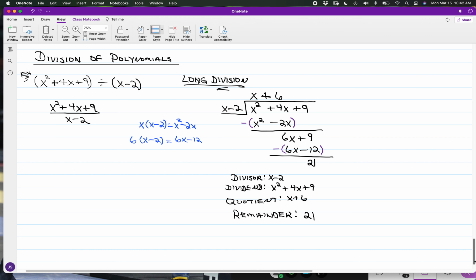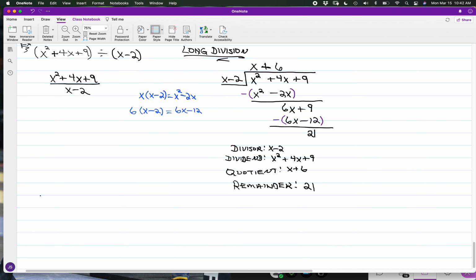And let's say, just a separate case here, if I have x to the 5th plus 4x squared plus 5 is divided by x plus 1.